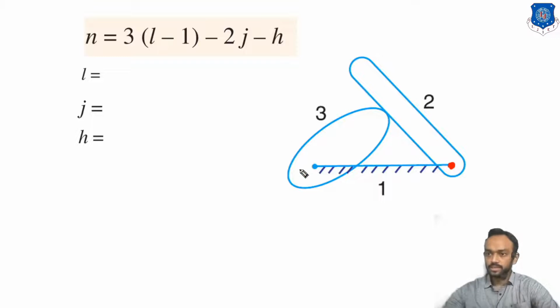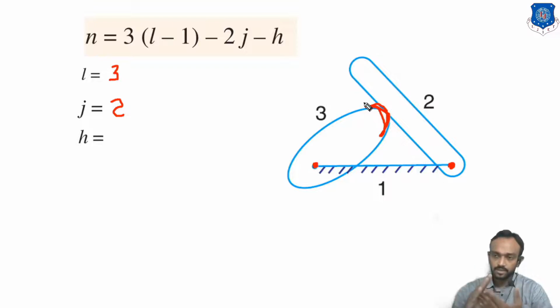And 3 is also rotating with respect to this, so two lower pairs are there. The number of links is 3, but there is one higher pair between 2 and 3, where a point or line contact exists. When some surface is touching a disc, there is a line or point contact, so one higher pair is there.